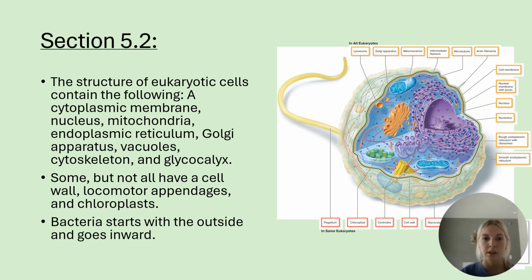Some, but not all, have a cell wall, locomotor appendages, and chloroplasts. It starts with the outside and goes inward in the cell. I added another image showing where each structure is located on the cell, where the cytoplasmic membrane is, the nucleus, and the rest. It just shows where it is all located.